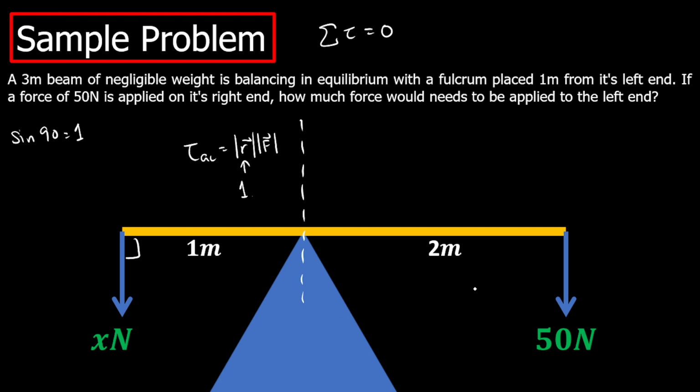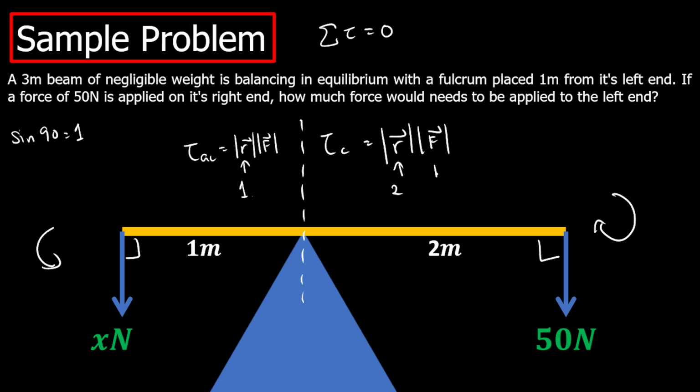On the right hand side, we have tau clockwise. If you push it down, it goes like this, whereas the other goes like that. Again the angle is 90, so we have r multiplied by the magnitude of F, however here we have 2 meters and 50 Newton.